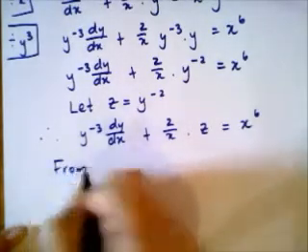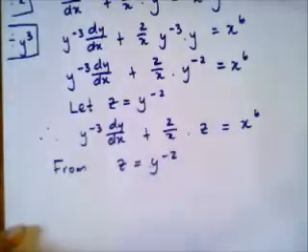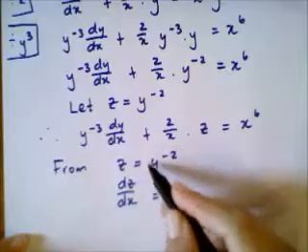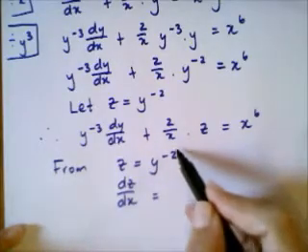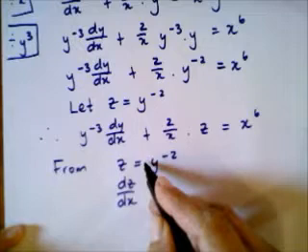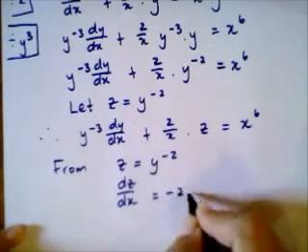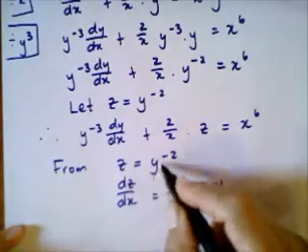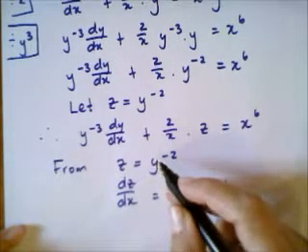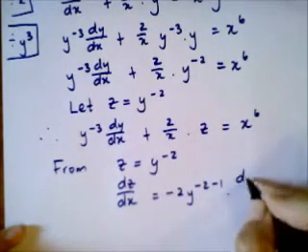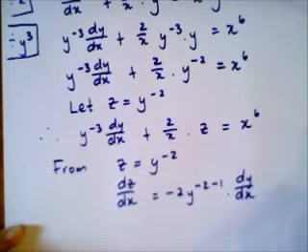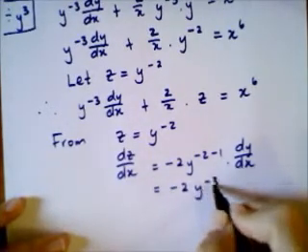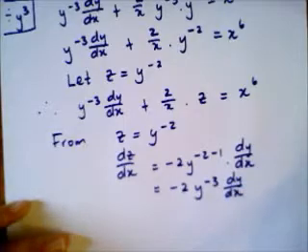So from z = y^-2, your dz/dx is going to be the derivative, so you can use the power rule. You take your power, multiply it with whatever is in front, in this case 1, then minus 2 minus 1 for the new power. Because y itself is dependent on your x value, you add on dy/dx. So that is going to simplify to -2y^-3 dy/dx.